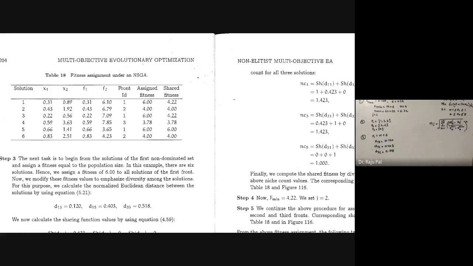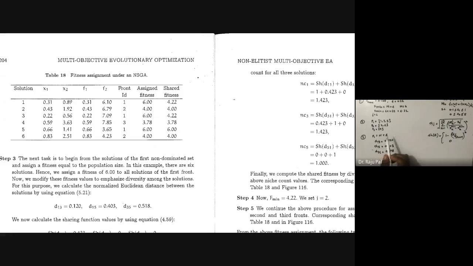Once we have calculated the distance, based on that we need to calculate the sharing fitness value. The formula for the sharing fitness for some distance Dij, or whatever distance we pass in, is equal to 1 minus d upon sigma share, whole square, if d is less than sigma share. Only if d is less than sigma share do we apply this formula, otherwise we assign 0.